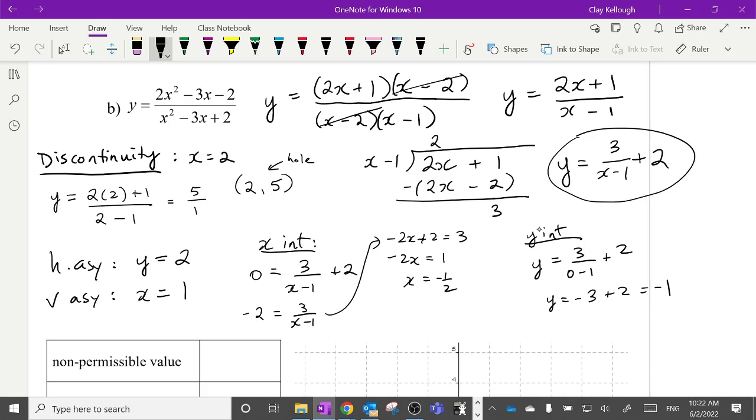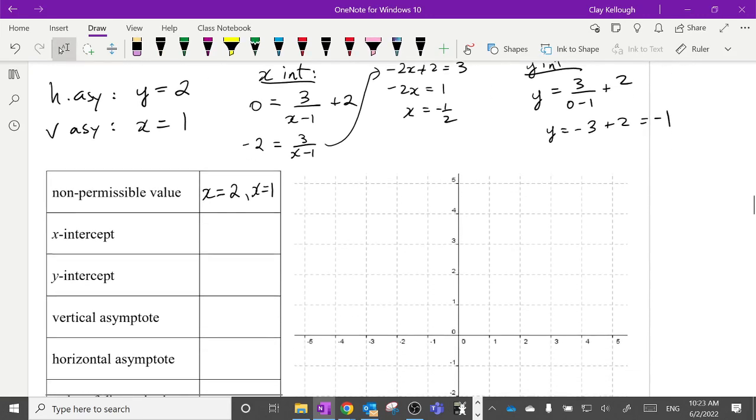All right, so I think I'm ready to get started now. So I have two non-permissible values. At x is 2, and y, that was right there, and y is 1. Sorry, and x is 1, right there. But both of them did not get to be asymptotes. My vertical asymptote is x equals 1.